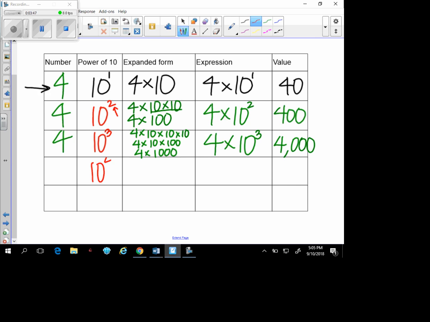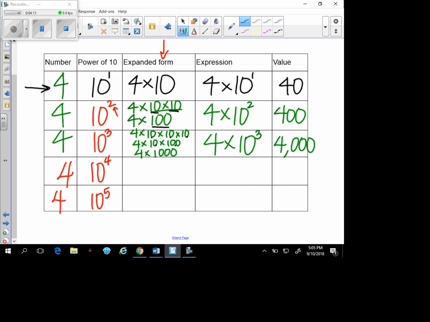I want you to see if you can fill in the rest of the chart right now. So you're going to have 10 to the fourth, and then you're going to have 10 to the fifth. And let's keep with our number 4. And see if you can fill in the rest of the chart just like I did. If you notice in the expanded form column, I'm expanding it all the way across. So I've got 1, 2 10s here, and then I consolidate that into 1. And here I did 1, 2, 3 10s.